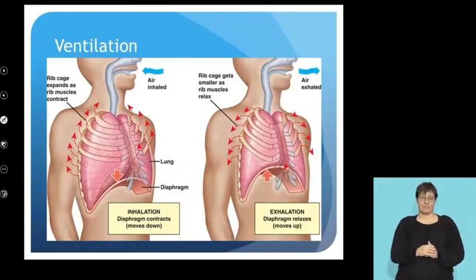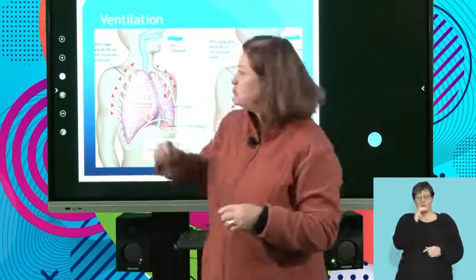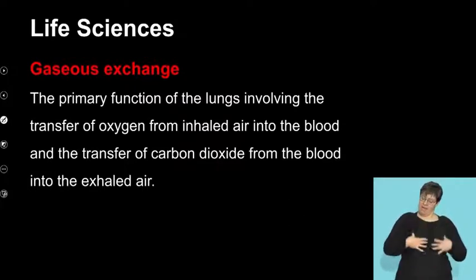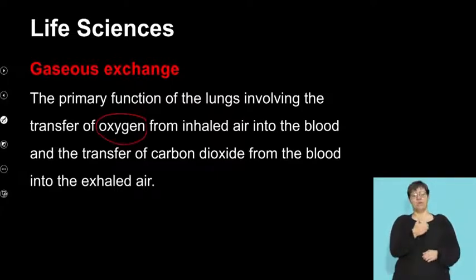So if I say the process of breathing is inhalation and exhalation, getting oxygen in and out of my lungs, what exactly would gaseous exchange be? Now, one thing has to occur: it's the primary function of the lungs, involving the transfer of oxygen into the blood.